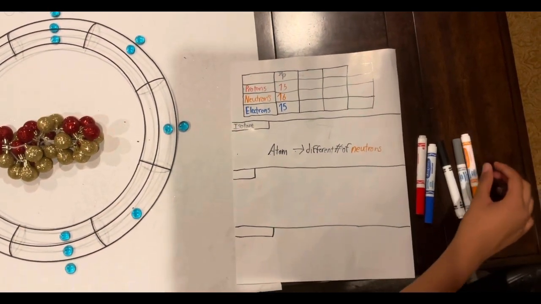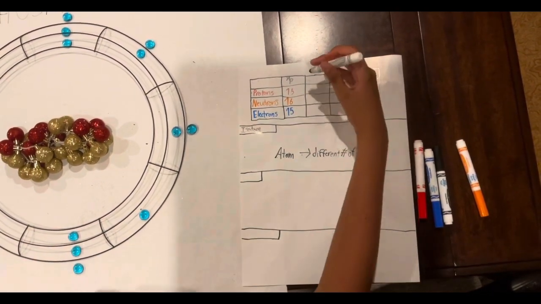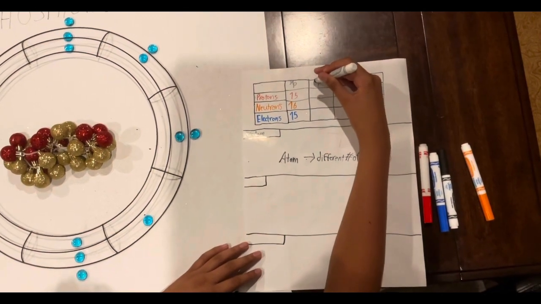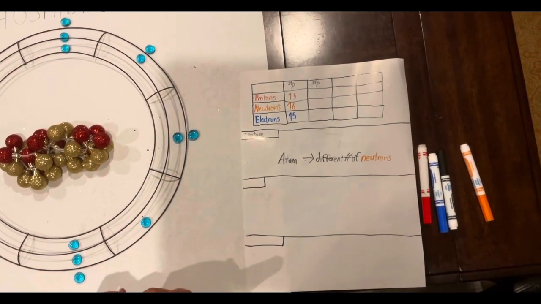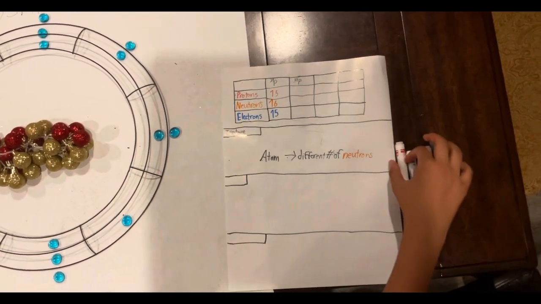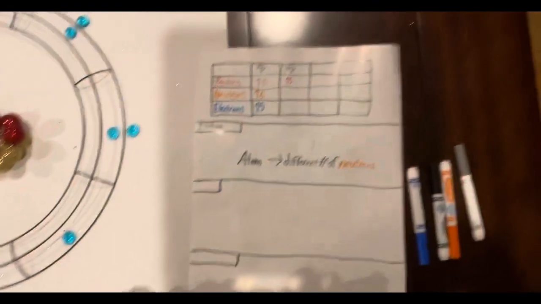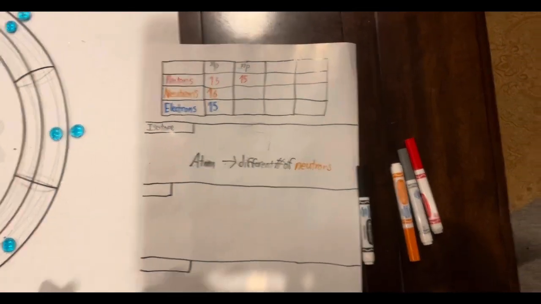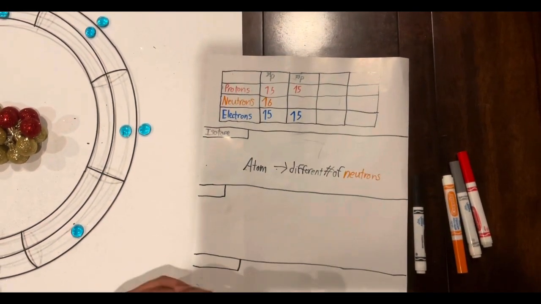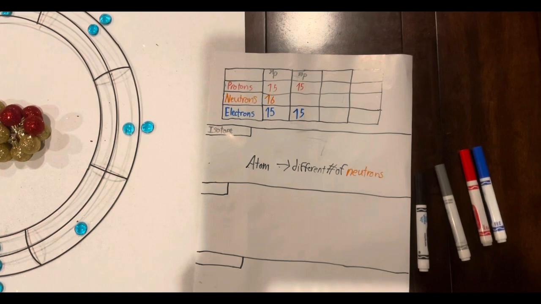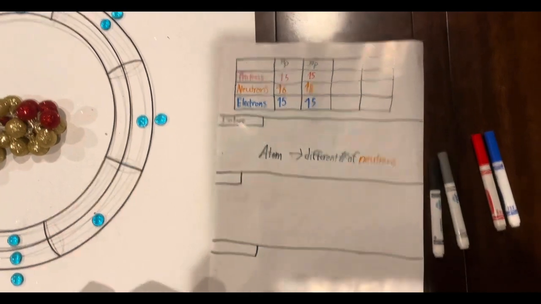So let's look at an isotope of phosphorus for a second. Phosphorus 33. Phosphorus 33 is very similar to phosphorus 31 in that it has 15 protons and 15 electrons, except, here's the interesting part, it has 18 neutrons.